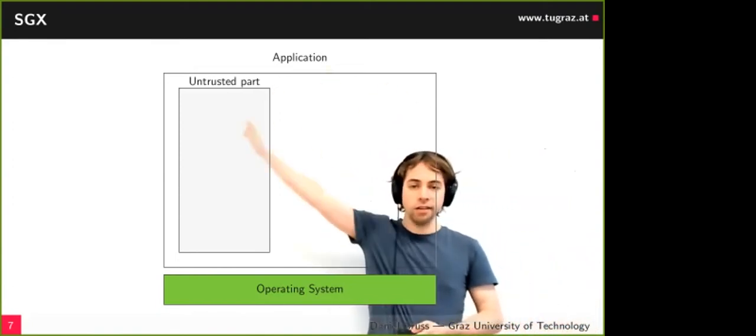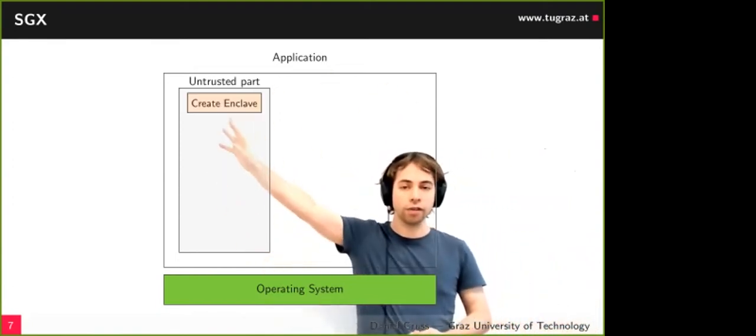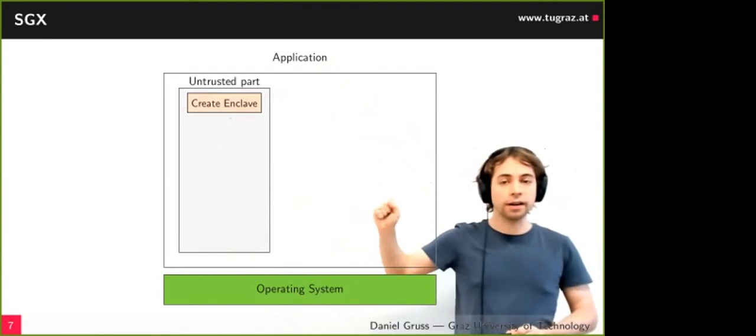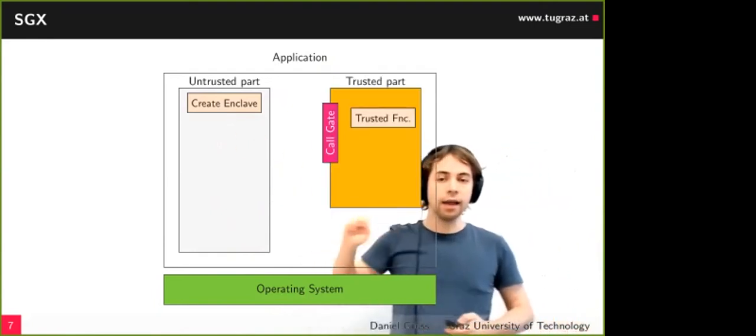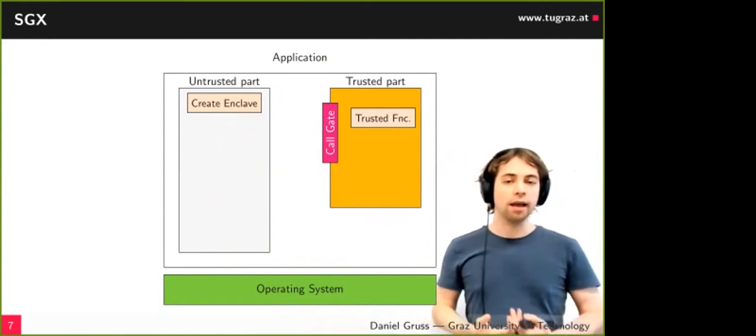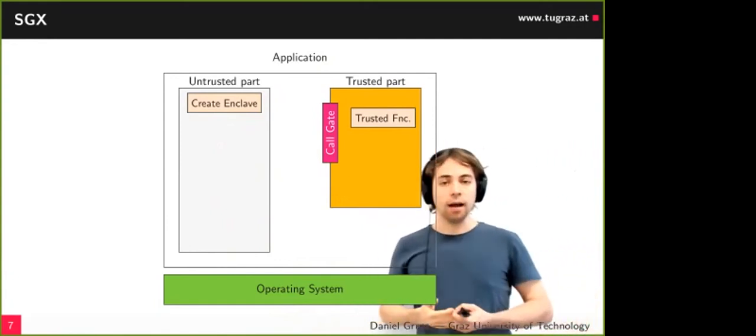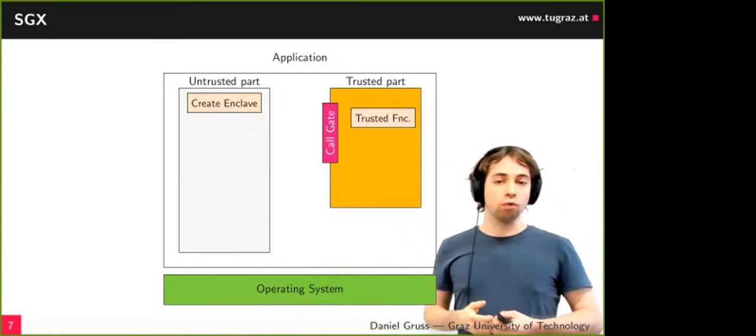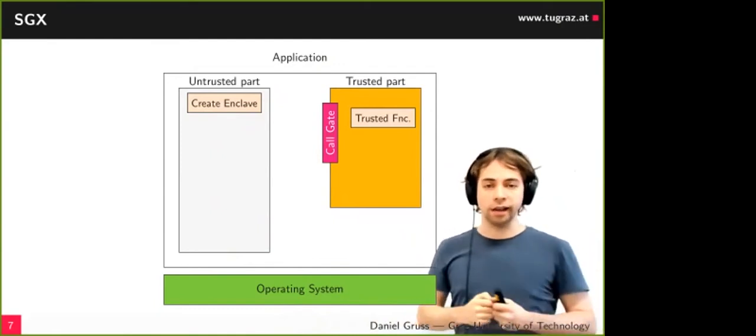We have an application, and the application now consists of an untrusted part, and this untrusted part can create an enclave, and this enclave then will run trusted code that is signed and that is secured with the root of trust lying at Intel.